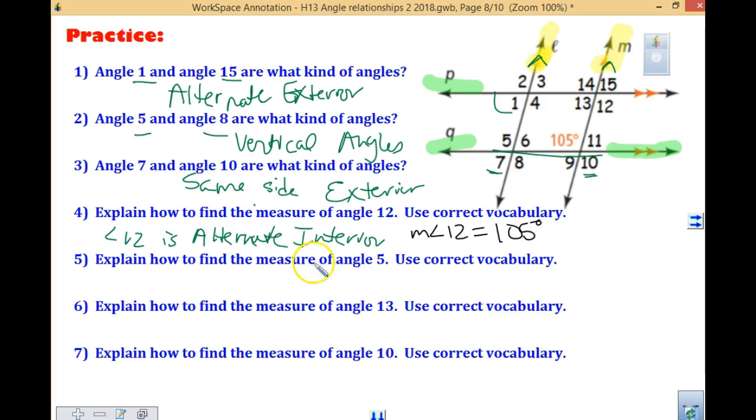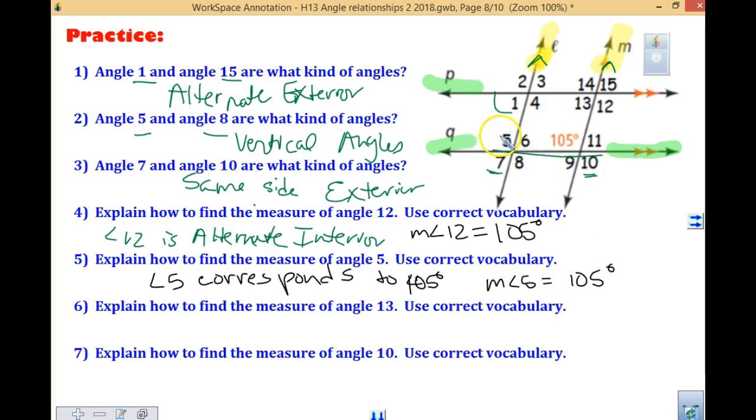It says explain how to find the measure of angle 5. In relation to this angle 105 and 5, angle 5 corresponds. Please write this in your notes. Angle 5 corresponds to 105 degrees, which means the measure of angle 5 will be 105 degrees.